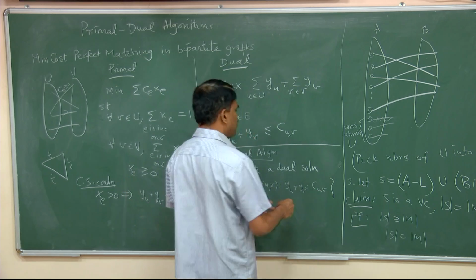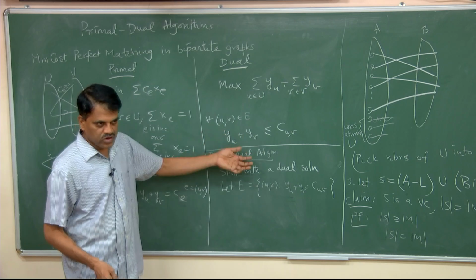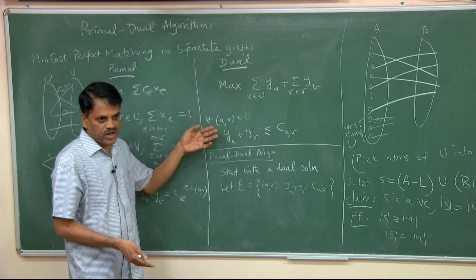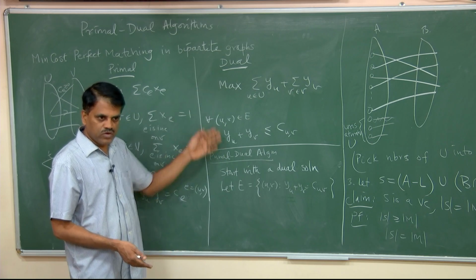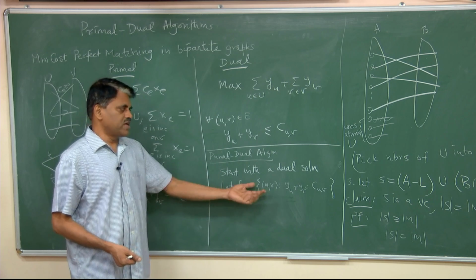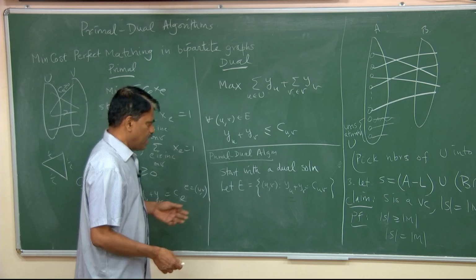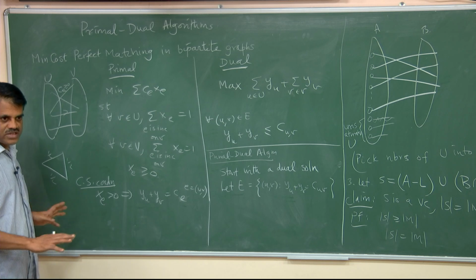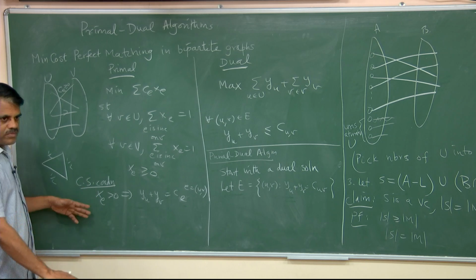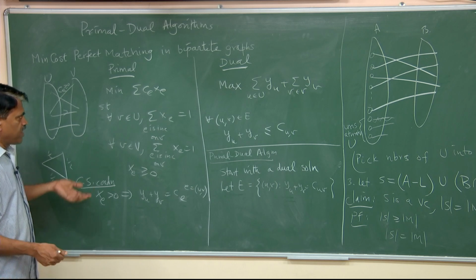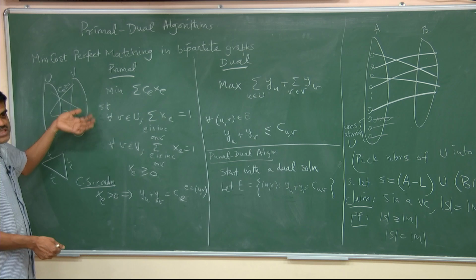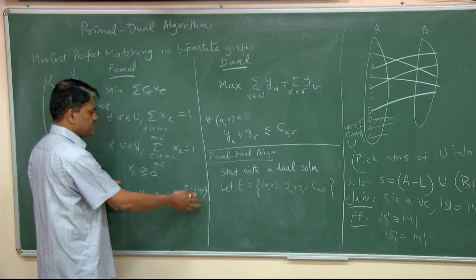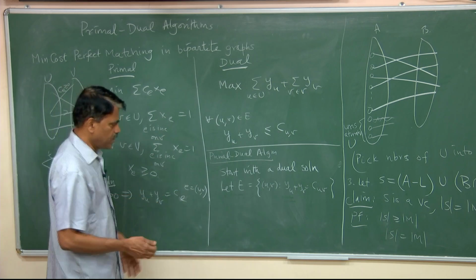So you have a dual solution; plug in and see which constraints are satisfied tightly by that dual solution. Pick up those edges. These are the edges which are allowed into my perfect matching because of this complementary slackness condition. I'm going to always maintain the complementary slackness condition. That means the edges which are going to be included in my matching, which will become 1, are some subset of these tight edges.